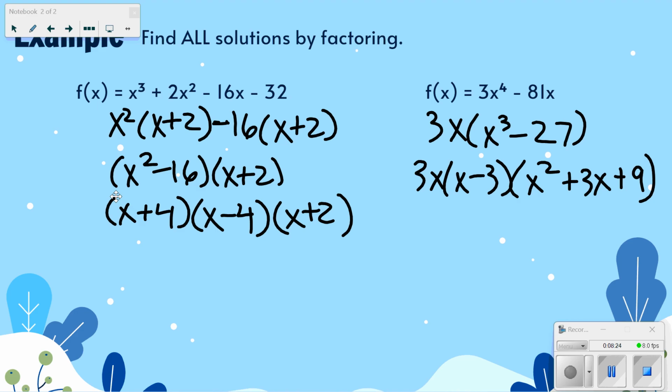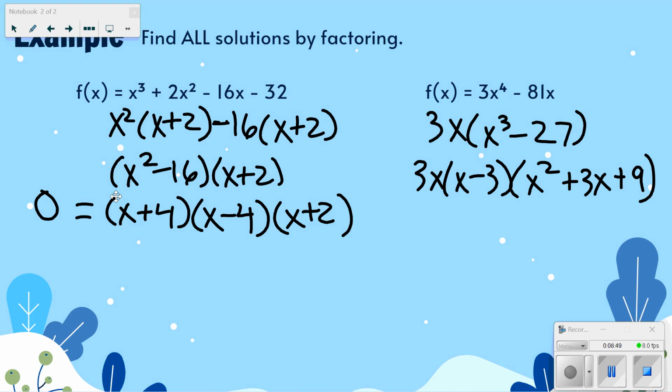Just like when you had a quadratic, you factored your quadratic, and then how did you solve from there once your quadratic was factored all the way? What did you do with each of those factors? Set them to 0. So that is exactly our same process here when we are solving a polynomial.